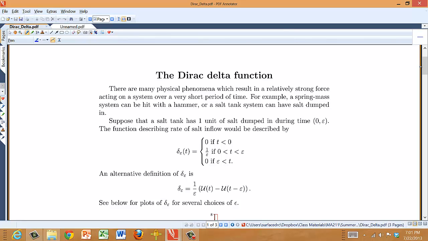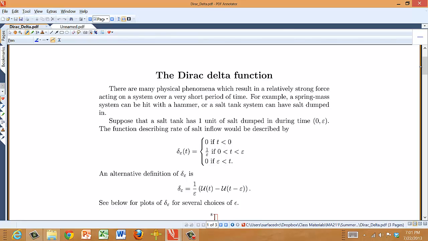It could tell me at each time how much force was acting. If I had a function like that, I could set up my ODE, solve the ODE, and then I could give you the motion of the object. We're going to use a Dirac delta function to model that force that acts over a really, really short, basically instantaneous period of time.